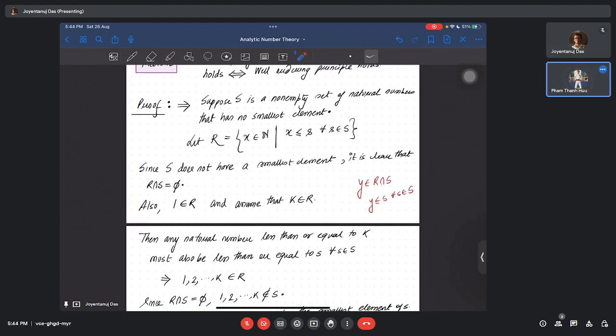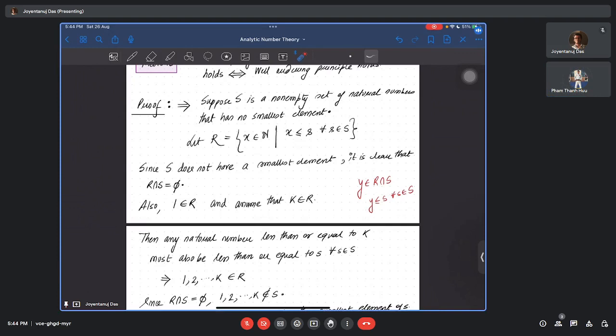The reason we are taking the equality sign is that I also have to show that R is non-empty. Suppose I give strict less than, and suppose S is equal to N. Then R is empty, because I cannot even choose one belonging to R. That's why I need the equality sign.